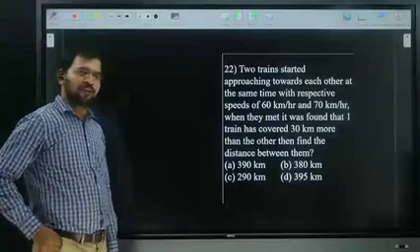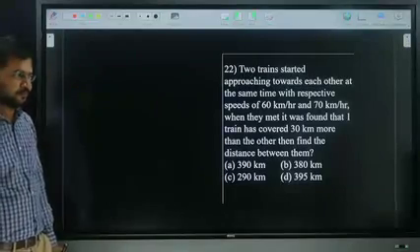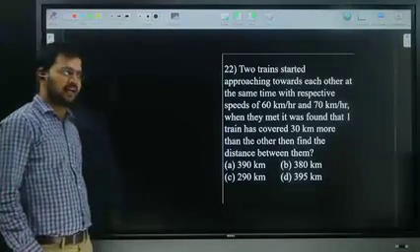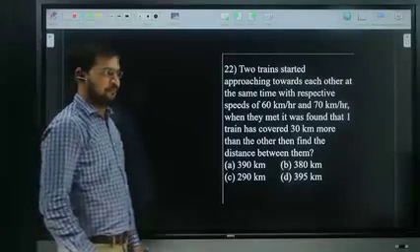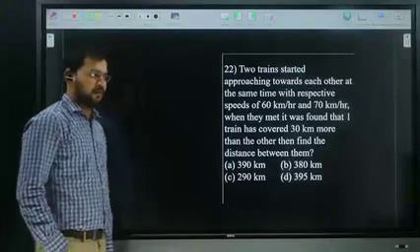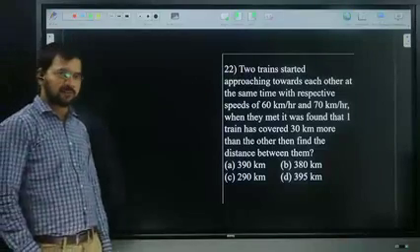The same question, time constant method. What is the answer for this question? All of you. I am waiting for your response.